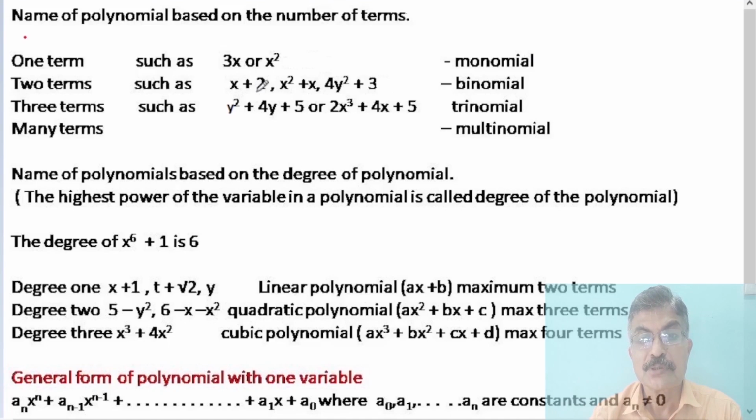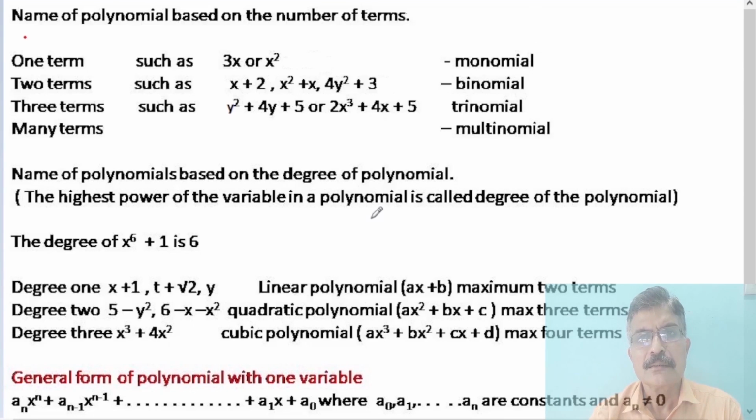X plus 2, x square plus x, 4y square plus 3. 2 terms are there. If a polynomial has 2 terms, then those polynomials are called binomials. Consider this polynomial y square plus 4y plus 5 or 2x cubed plus 4x plus 5. These 2 polynomials have 3 terms. Polynomials with 3 terms are called trinomials. Then polynomials with many terms are called multinomials. Usually we will use these 3 terms, monomial, binomial and trinomial.